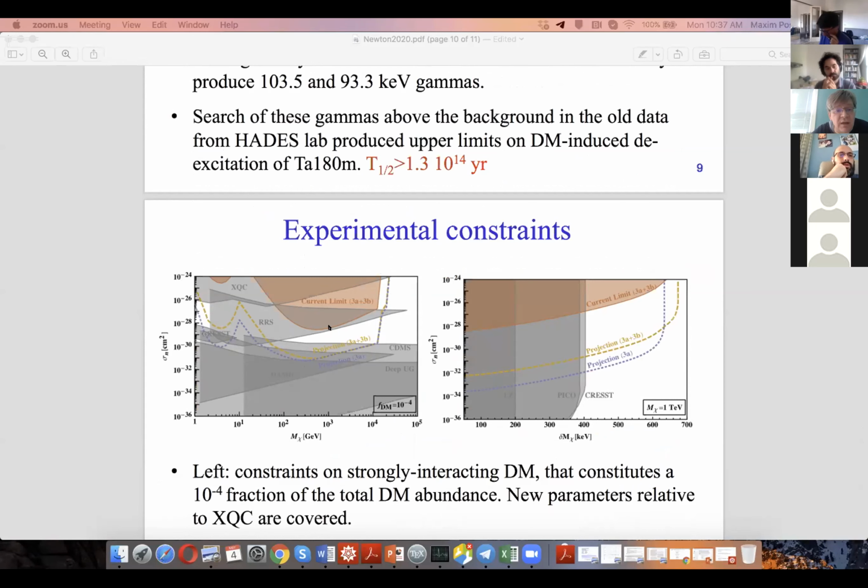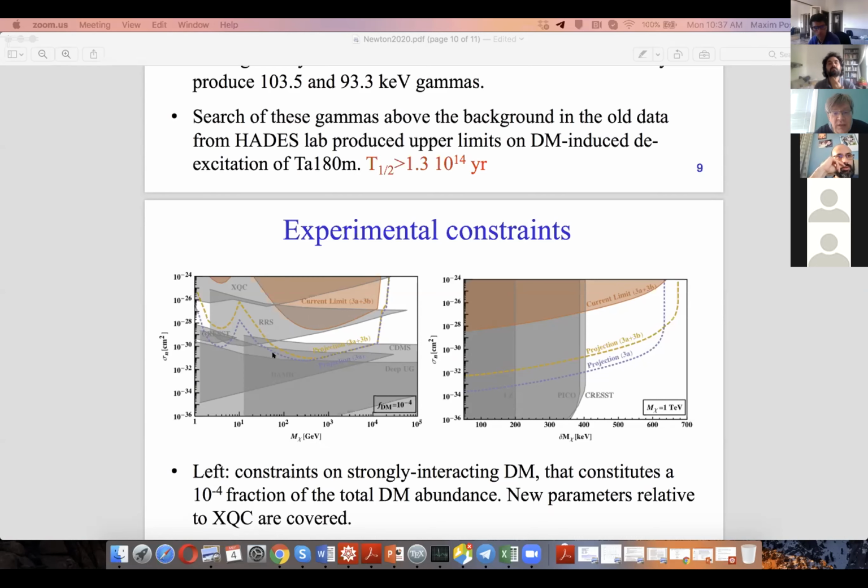So this is in fact a gram worth and a few months worth of exposure, but already in a not optimized experiment with a rather small efficiency.